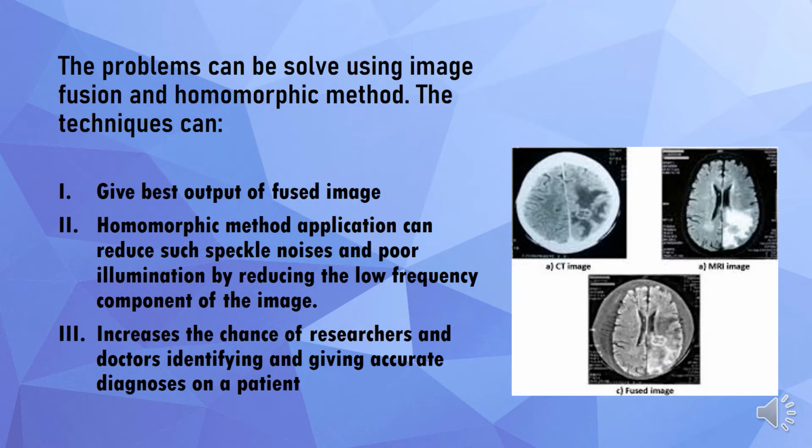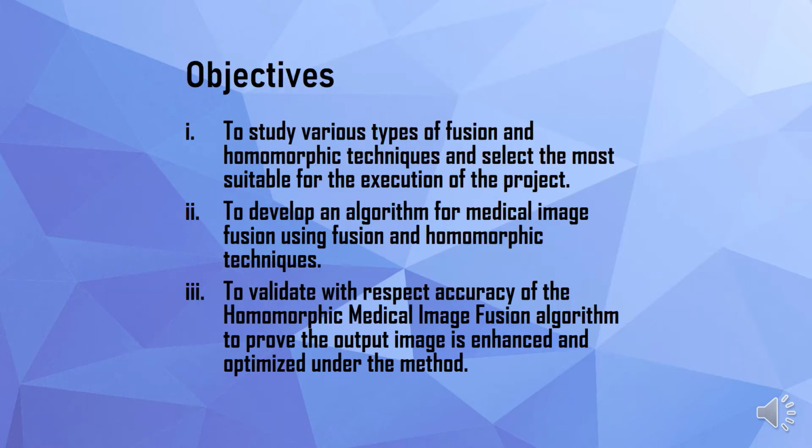We think that this problem can be solved by using image fusion and the homomorphic method, because these techniques can give the best output of fused image. Homomorphic method application can reduce the multiplicative noise and poor illumination by reducing the low frequency component of the image, and also increase the chance of researchers and doctors to identify and give accurate diagnosis on a patient.